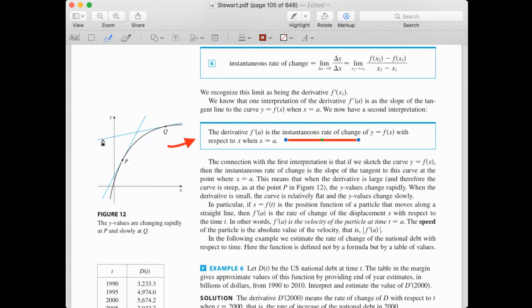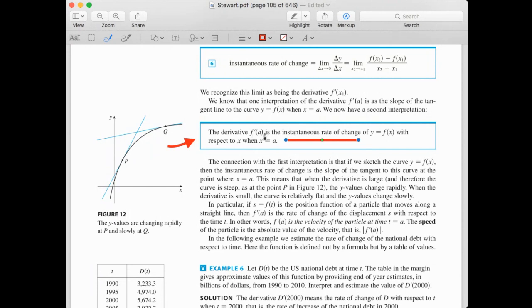For a linear function, the slope is just a slope. Every point on the line has the same slope. But for a nonlinear function, we have this curve, and the slope of the tangent line, or the derivative, at each point is different. So that's why we call it instantaneous rate of change.